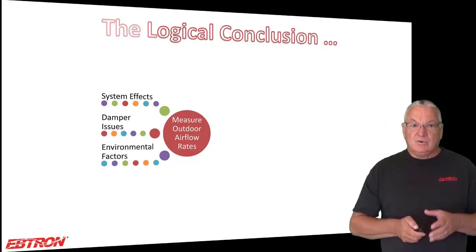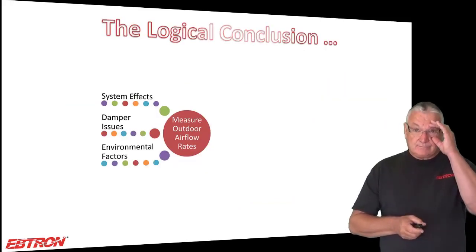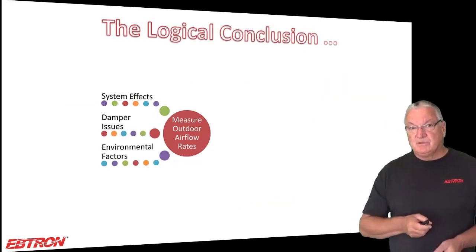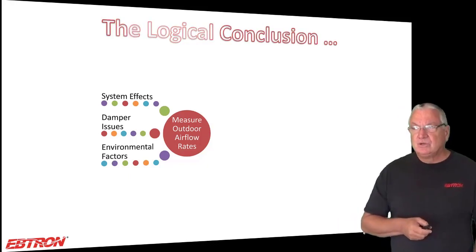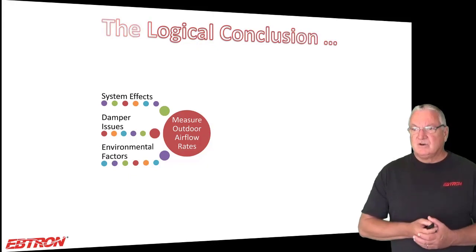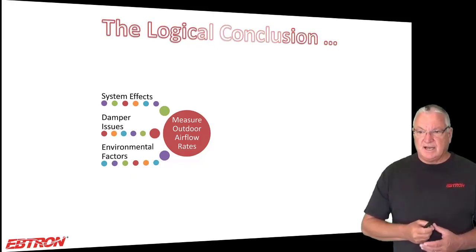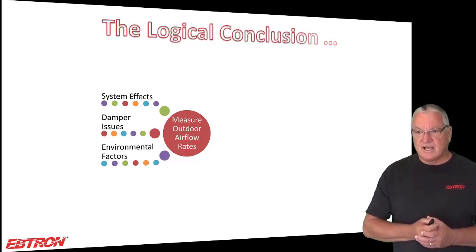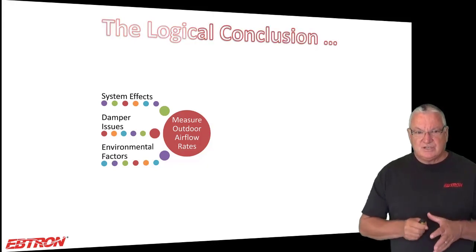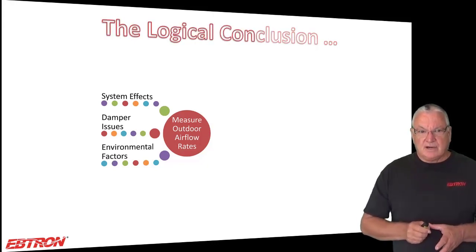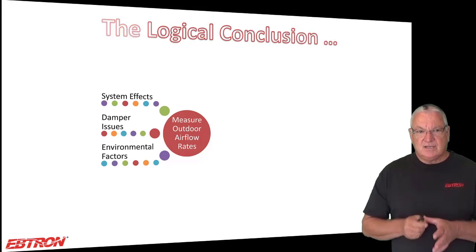At this point, what I ask people to do is step through my arguments. My first argument, which I made real quickly, was that dilution ventilation is paramount to IAQ. You have to dilute contaminants.